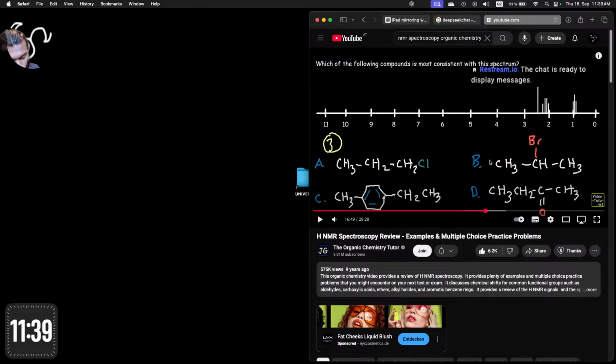Now for halogens. What was the rule for halogens? Okay. Halogens start from 2.5 to 4.5, and we have chlorine and bromine. Chlorine should be around 3.5.